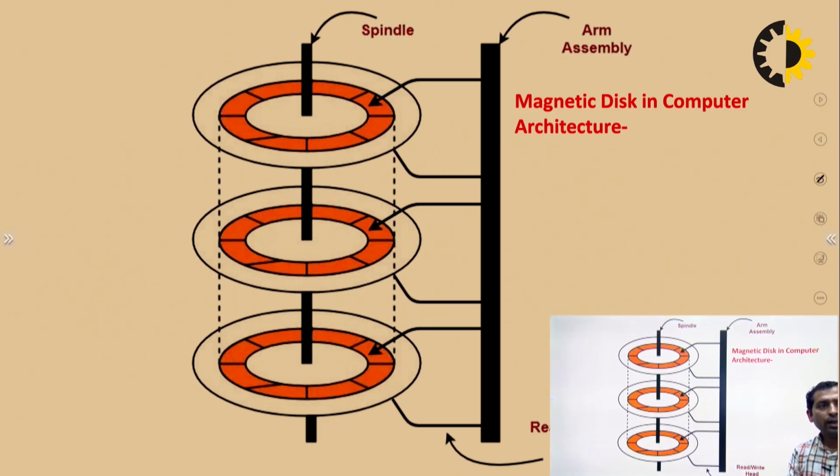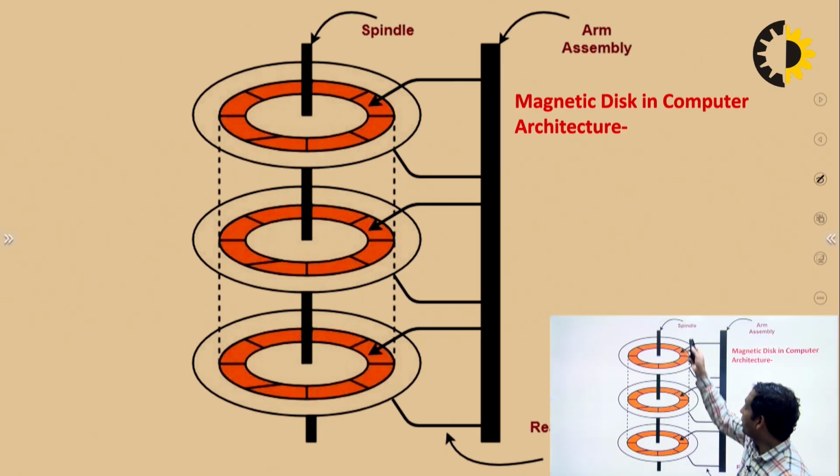This is just like this one. These are different platters, and each surface of the platter has a read-write head, and the common rotating axis is known as the spindle.